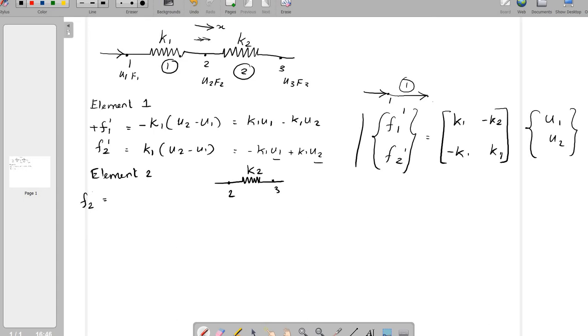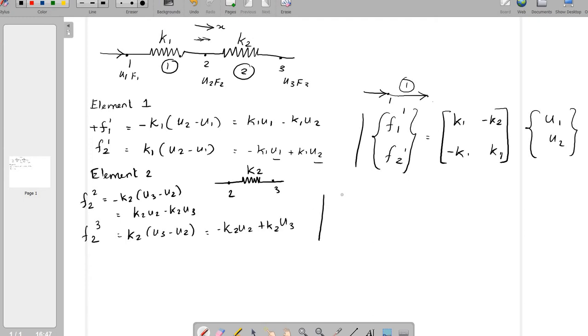First, F2 at node 2 is minus K2 times U3 minus U2. If you arrange in terms of U2 and U3, it is K2 U2 minus K2 U3. Similarly, for the element number 2 at node 3, it is plus K2 times U3 minus U2, so minus K2 U2 plus K2 U3.